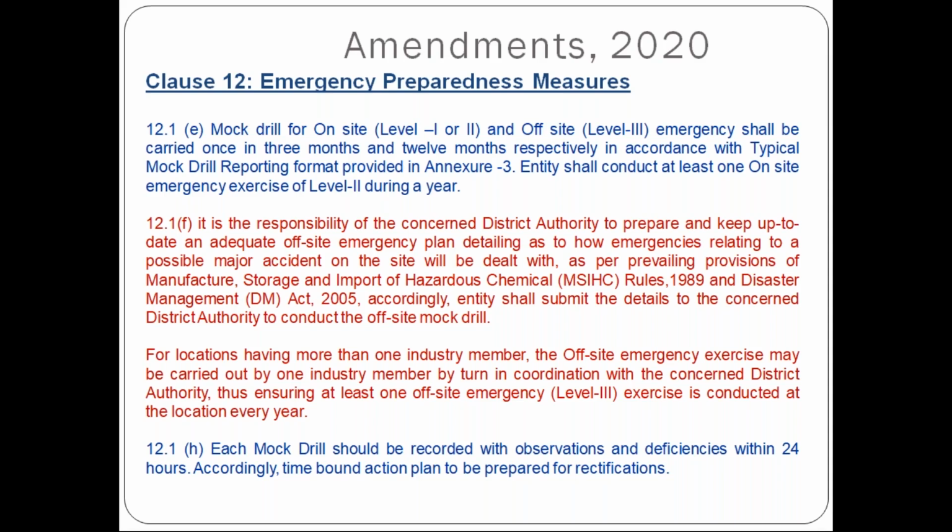Now, as far as the offsite emergency plan is concerned, normally offsite emergency plans are prepared by the district authority, taking into consideration the on-site emergency plans of all the facilities coming under his jurisdiction.